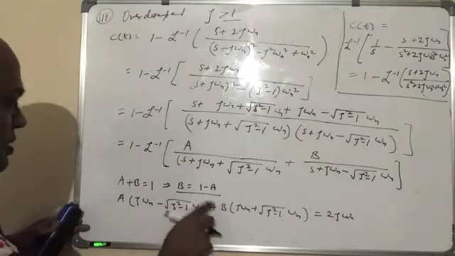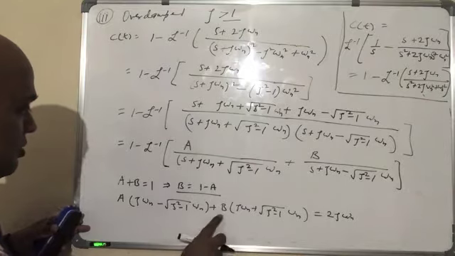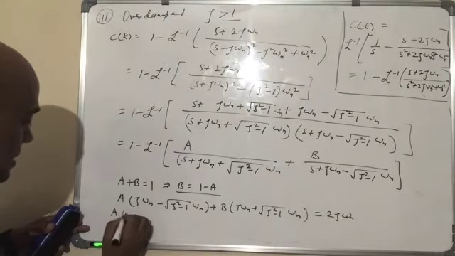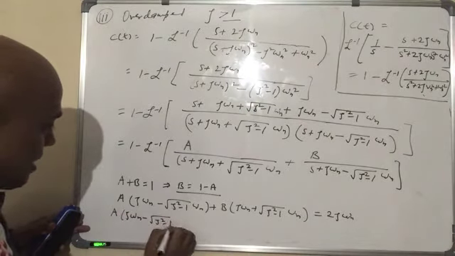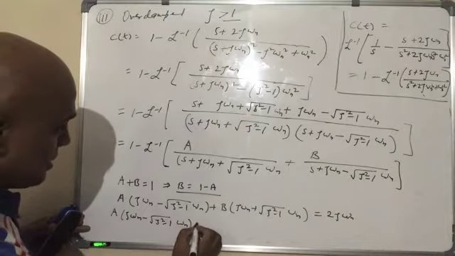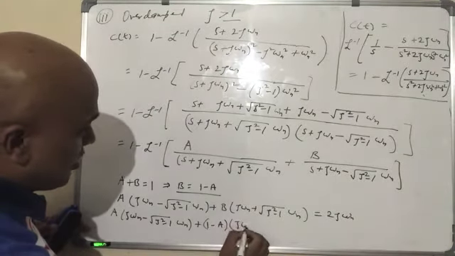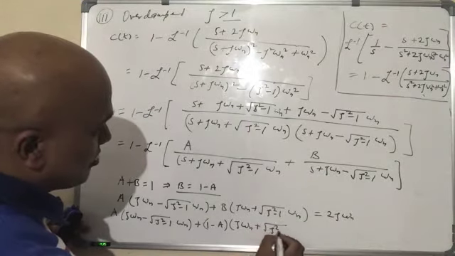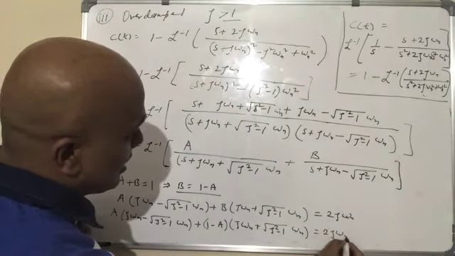Okay, so we will put B equal to 1 minus A. So what do we get here? We get A times zeta omega n minus root zeta square minus 1 omega n, then plus 1 minus A times zeta omega n plus root zeta square minus 1 omega n equal to 2 zeta omega n.